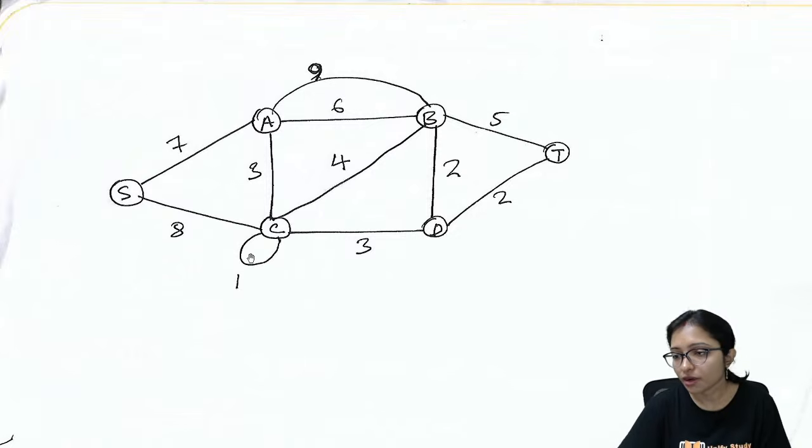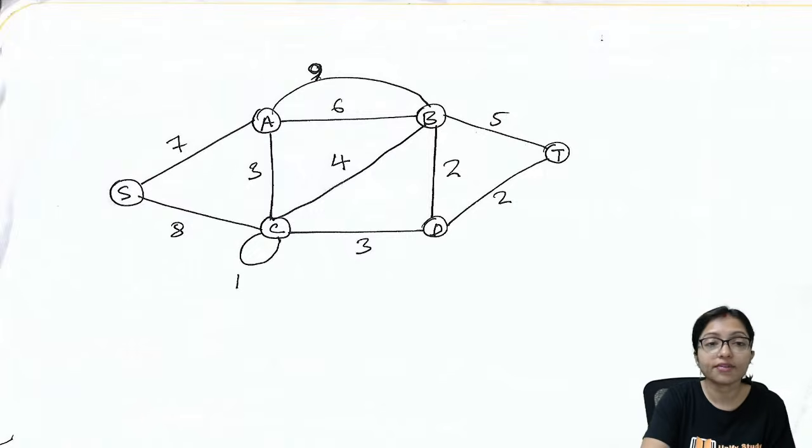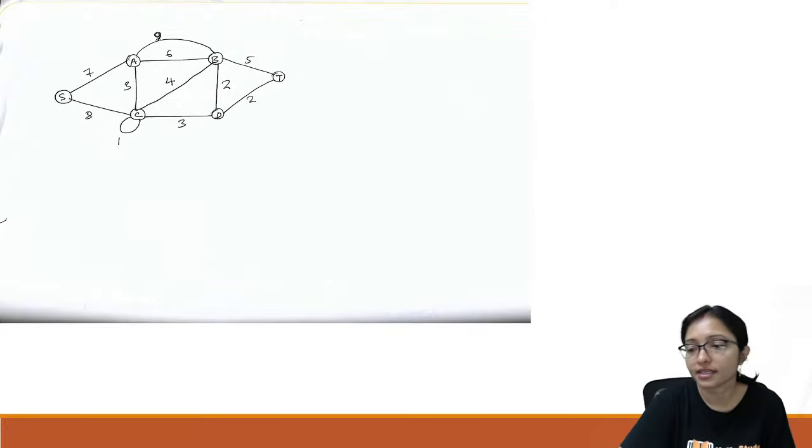What do you want to consider? For example, there are 7 edges. 7 edges, not vertices. You have to think about vertices.